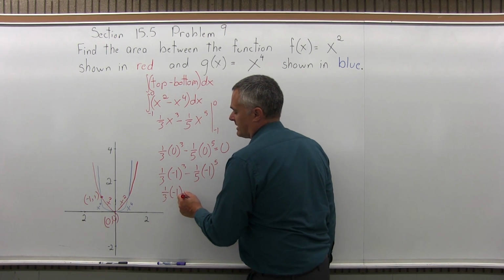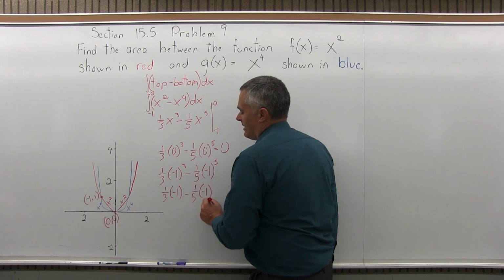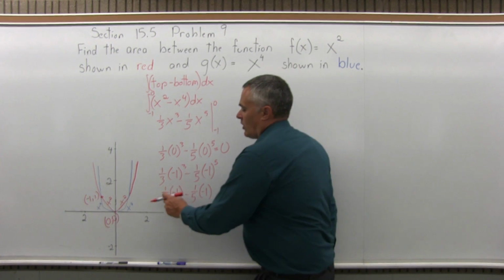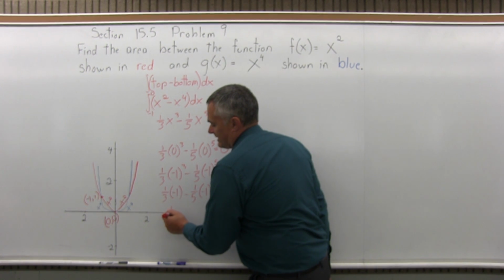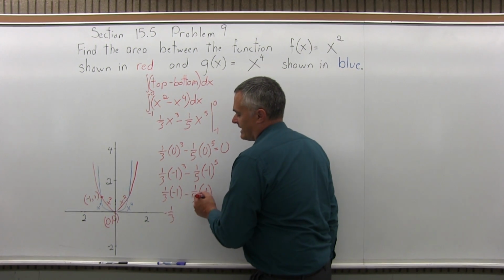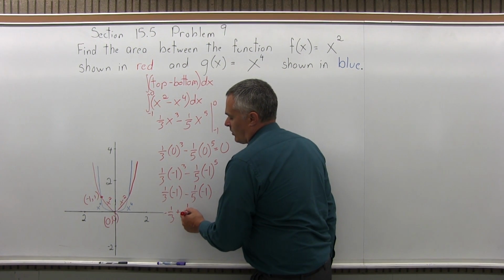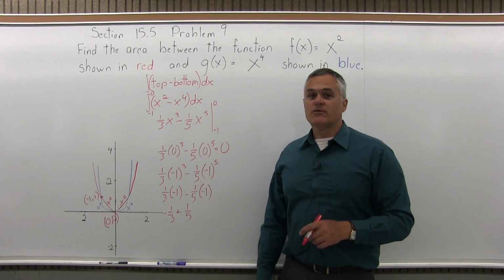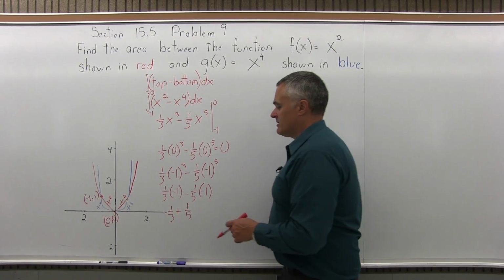It'll be 1/3 times negative 1 minus 1/5 negative 1 to the fifth. Again, an odd exponent will keep the negative. So 1/3 times negative 1 is negative 1/3, but then negative 1/5 times negative 1 is positive 1/5. Now, negative 1/3, positive 1/5, I'm going to need some common denominators.